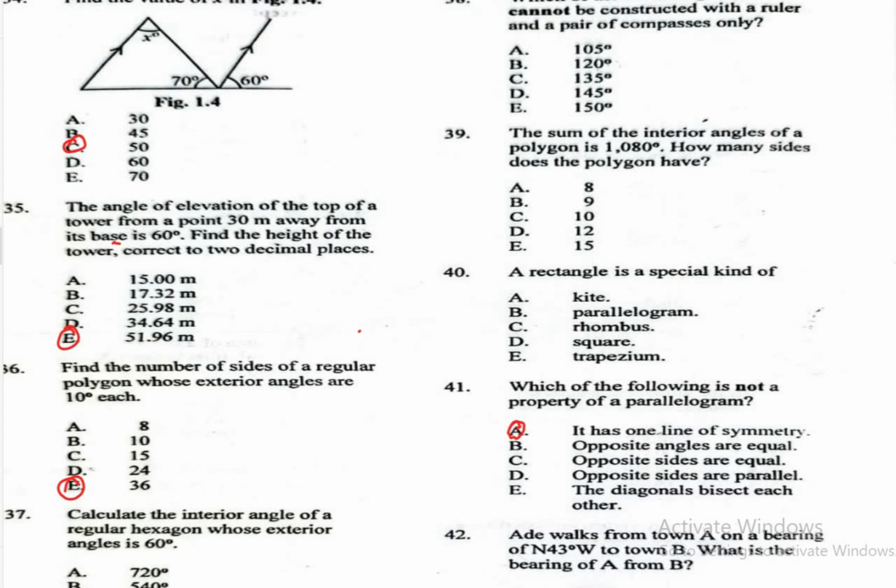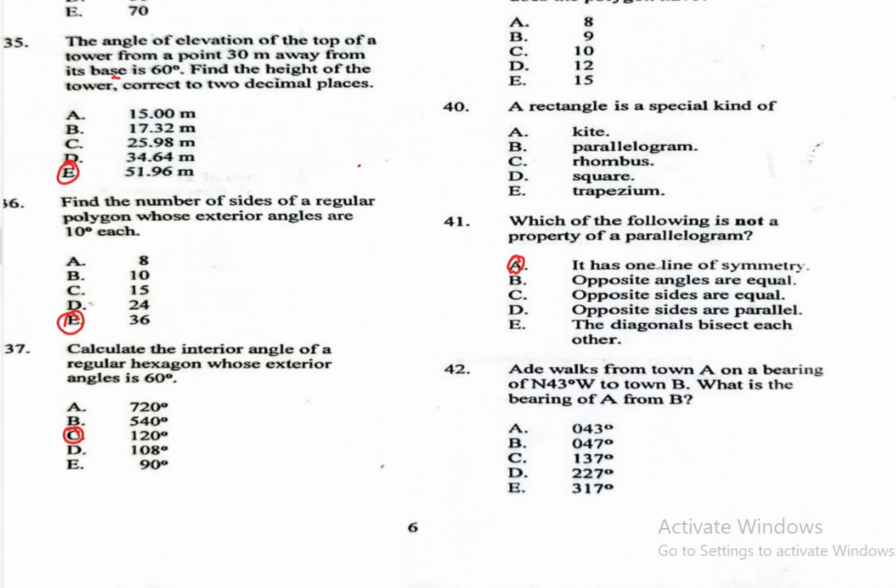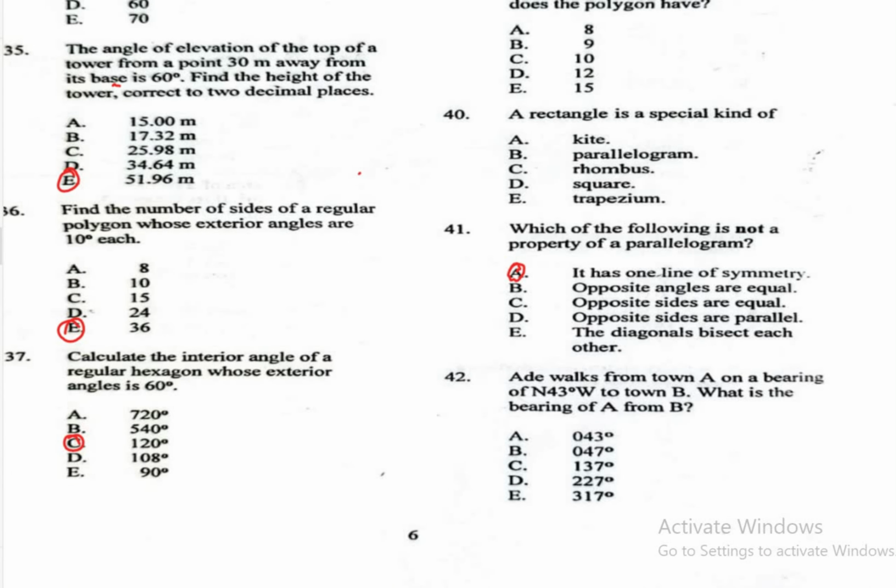Now let's solve question 42. Ade walks from town A on a bearing of north 43 degrees west to town B. What is the bearing of A from B?